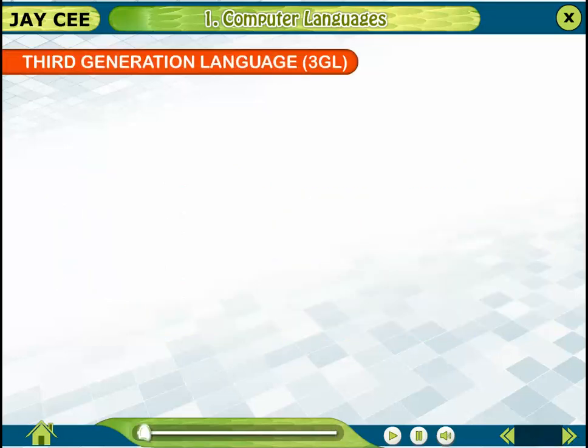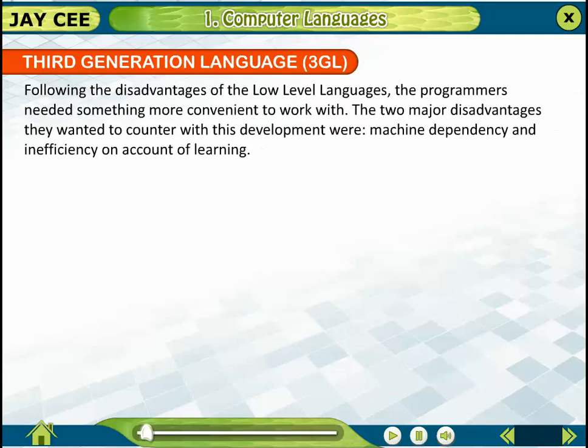Third generation language, 3GL. Following the disadvantages of the low-level languages, the programmers needed something more convenient to work with. The two major disadvantages they wanted to counter with this development were machine dependency and inefficiency on account of learning.